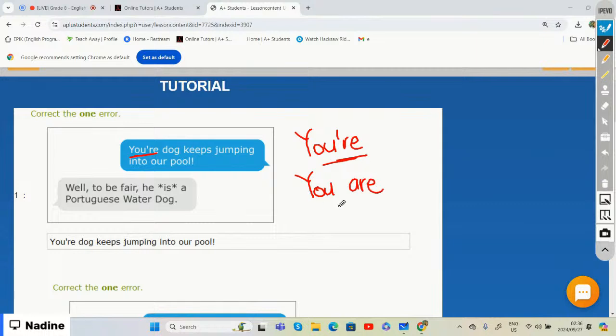So if we read it as you are dog keeps jumping into our pool, is that correct? No, so this word is incorrect. It should be your dog, referring specifically to the person. Your dog keeps jumping in our pool, not you are dog.